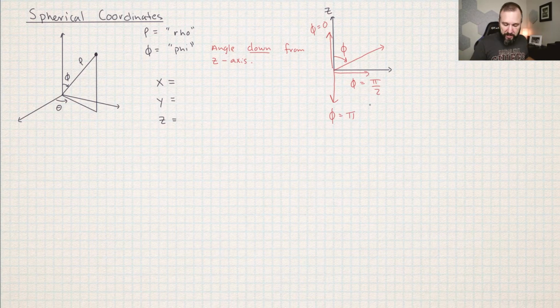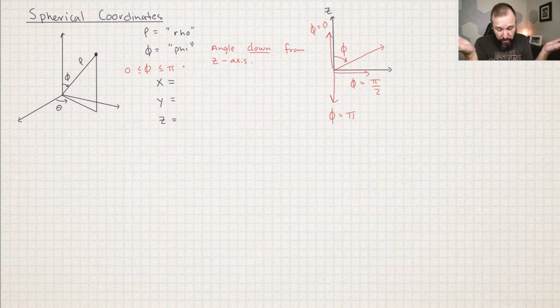So the issue is that if we go past pi, if we rotate all the way over here and go some direction in that way, then that's actually the same as opening in this opposite direction, except extending out a negative radius. So it's just our convention. Usually we imagine phi as being between 0 and pi. It doesn't have to be.